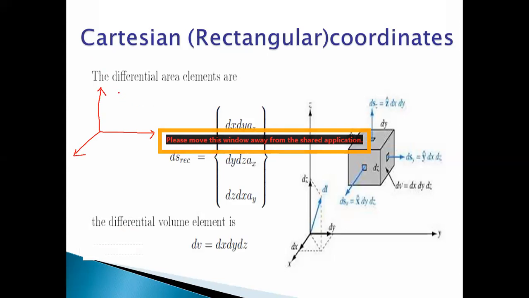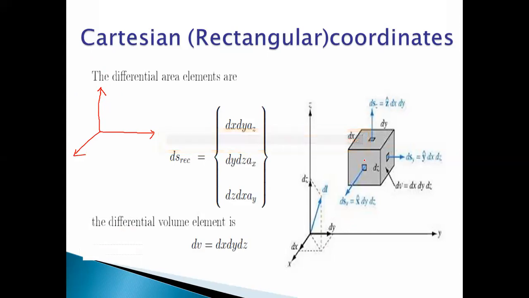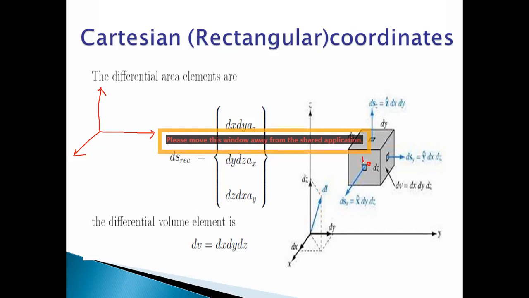Suppose there is one rectangle just like this. Then at this corner, suppose one point is located, that is point P, and this point P is having coordinates x, y, and z.